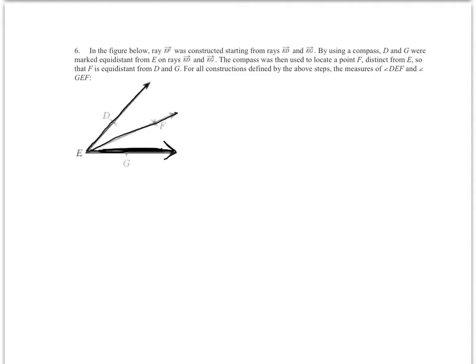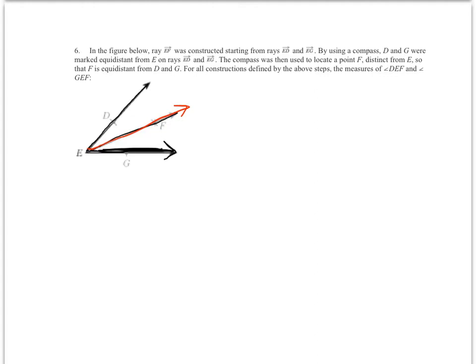6. In the figure below, ray EF, that's this ray right here, was constructed starting from rays ED and EG. So the black rays were there, and then using construction, compass and straightedge, they found the red ray. It says D and G were marked equidistant from E on rays ED and EG.